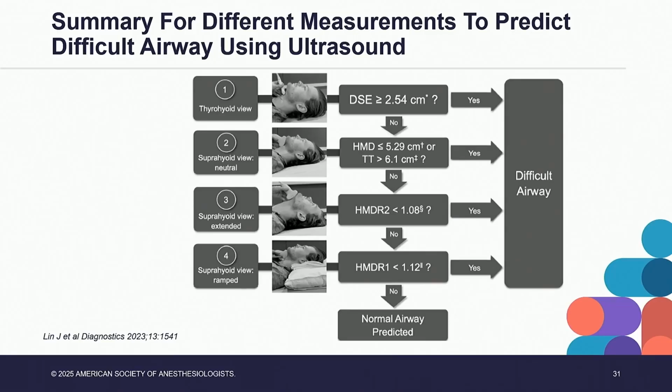If not, you can go for the hypomental distance ratio between the neutral and head extended positions. If it's less than 1.8, yes, it can predict difficult intubation. If you are also measuring the hypomental distance ratio between the head in the neutral position and head under pillow, if it is less than 1.2, yes, it can predict difficult intubation.